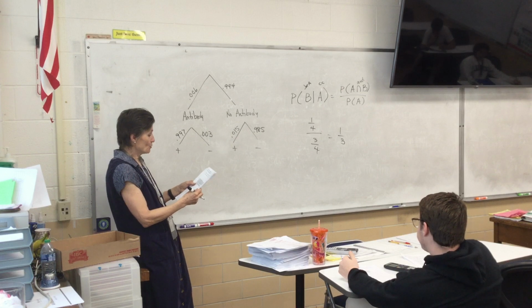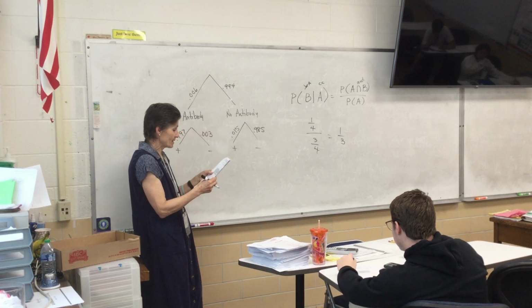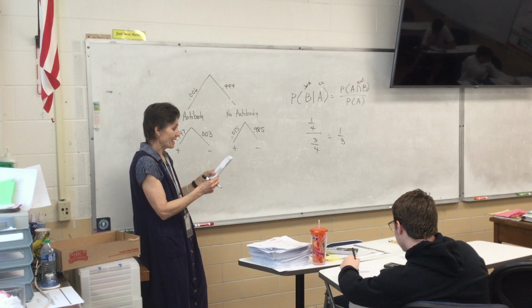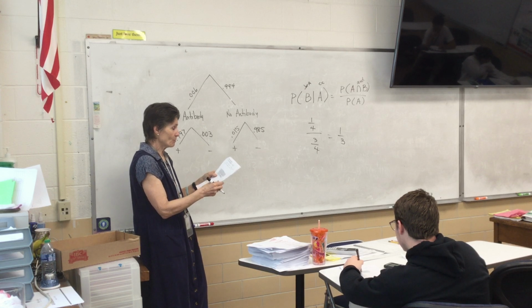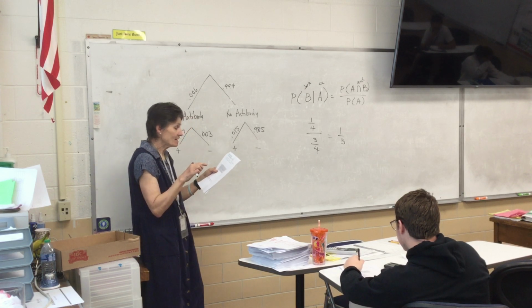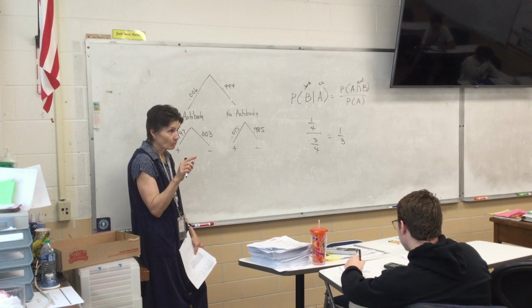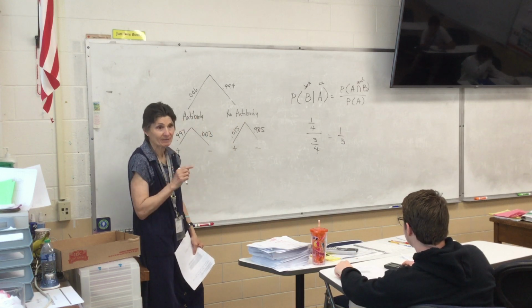Okay. Use the conditional probability formula to find the probability that a person with a positive result actually has the antibody. So in other words, given we're positive, what's the probability that we're actually sick? That we actually have it, that's true.